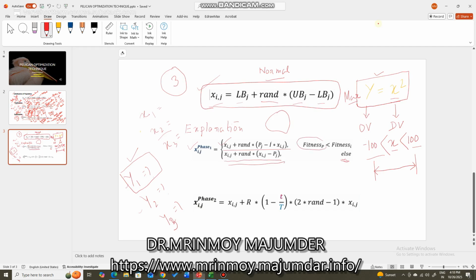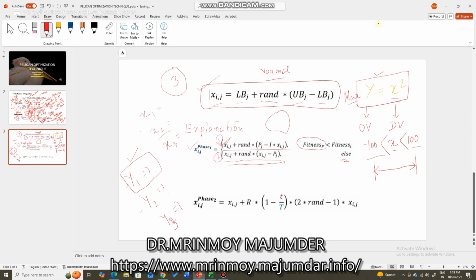They are not saying best fitness function of all the iterations. They are saying fitness function of the bird or agent that you have identified as the bird or agent who has already identified the prey. That fitness function must be outclassed by your present fitness function. If that is the case, then you will use this formula, the first one. If not, then you use the second one. It is as simple as that.